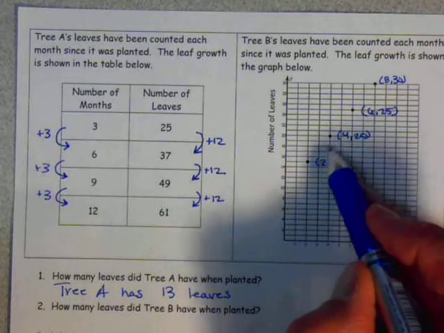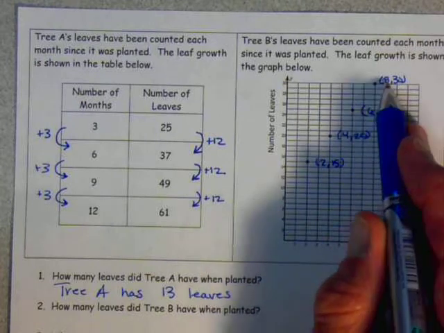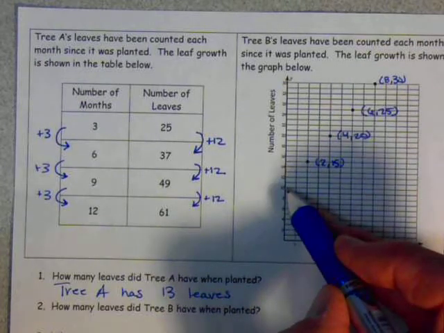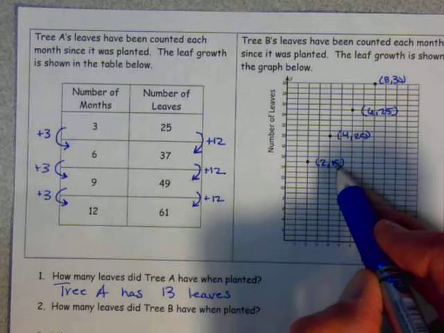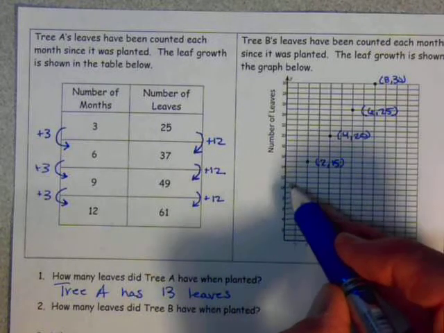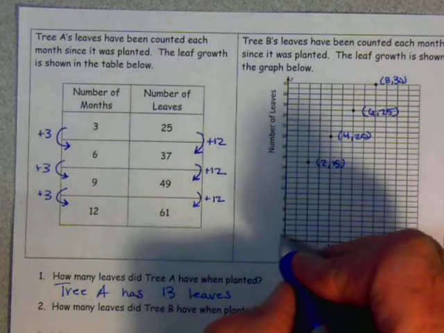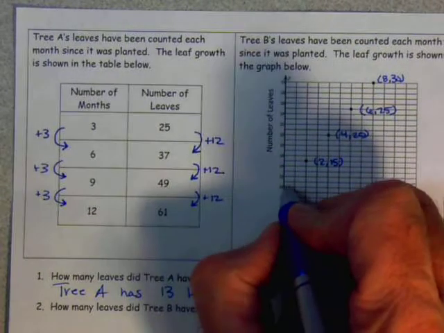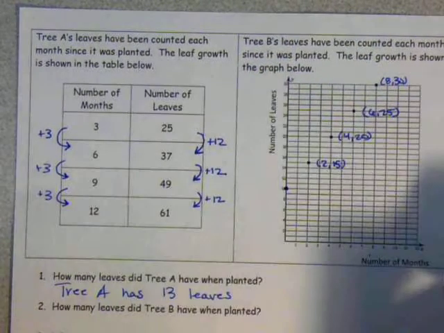Every 2 months, 2, 4, 6, 8 months. So if we go back 2 months to 0, we would go down 5 leaves to 10. So there's our 0 and 10. It's actually going to be right there.